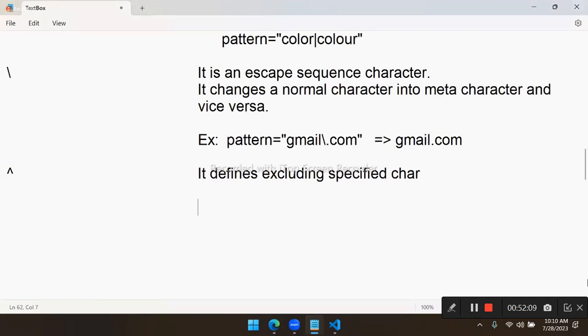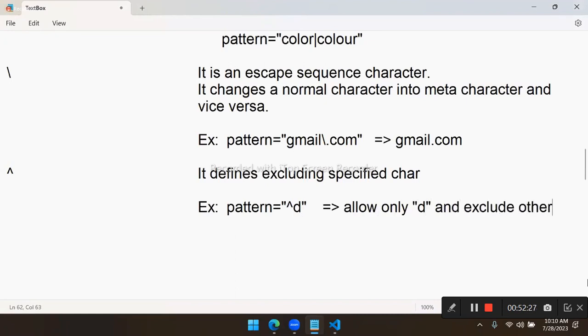So we have a pattern and we have the exponent D. This indicates allow only D and exclude others. That is the point we can configure.